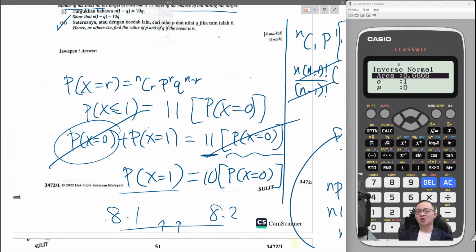I won't say it's continuous. Because for continuous, if today my height is 170 centimetres, and my friend is 170.2 centimetres, we can still find some people whose height is in between, even though it's super minimal, but it's still possible. So therefore, height is continuous.